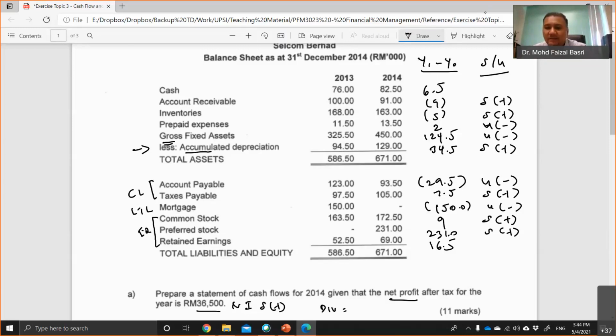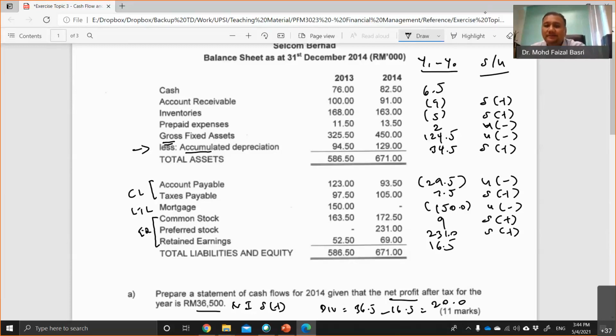To find dividends, if you remember, the formula was net income, 36.5, minus the difference of retained earnings, which was 16.5. Therefore, the dividend would be 20,000.